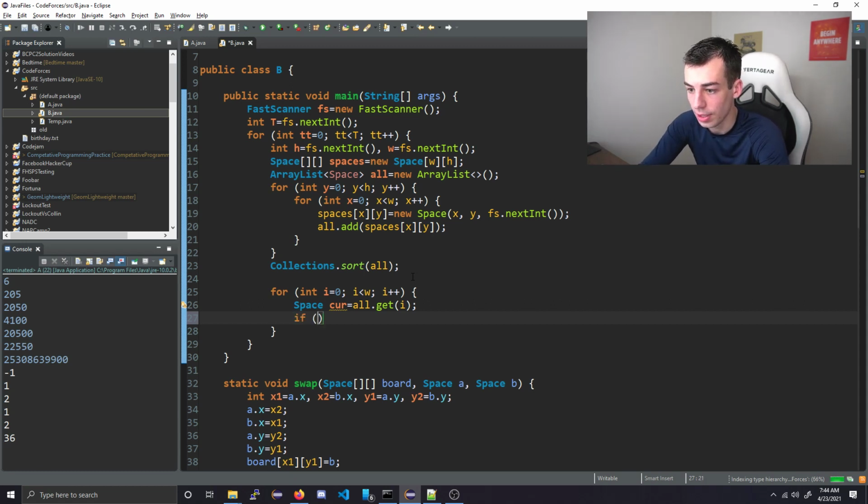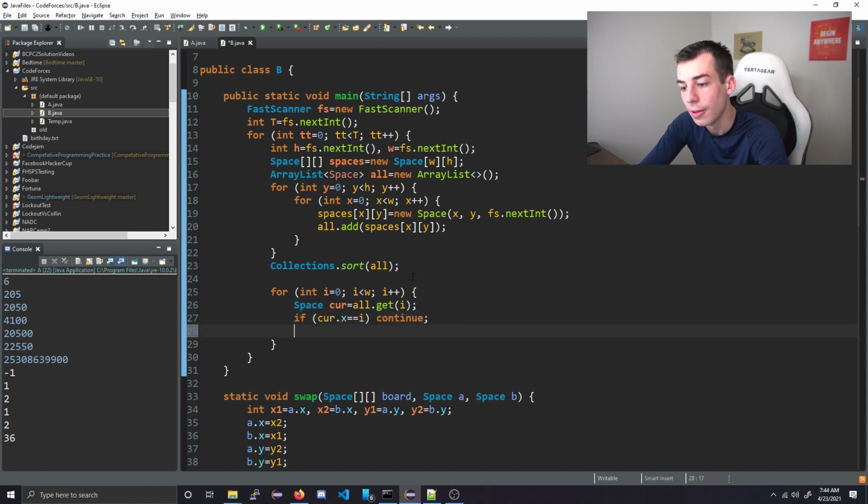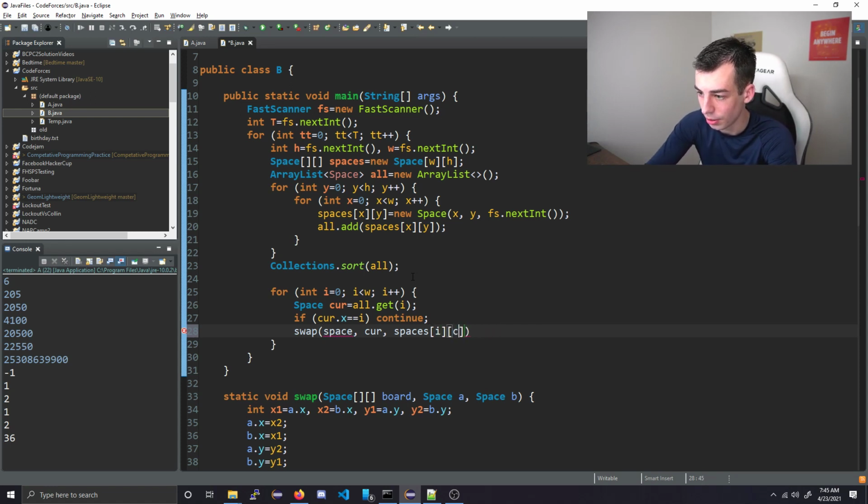So if cur.x equals i, continue. Otherwise, swap board cur with spaces at, or swap spaces. Current spaces at the new x will be spaces at i, and then cur.y.